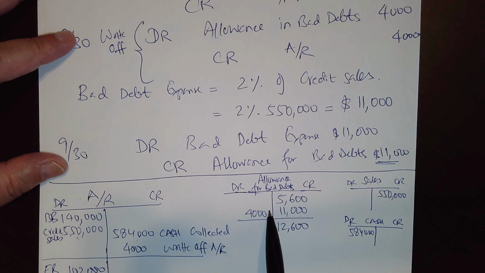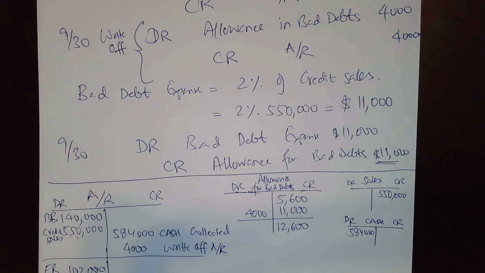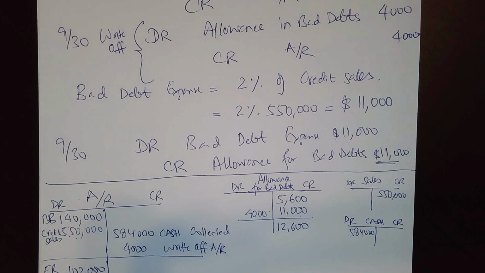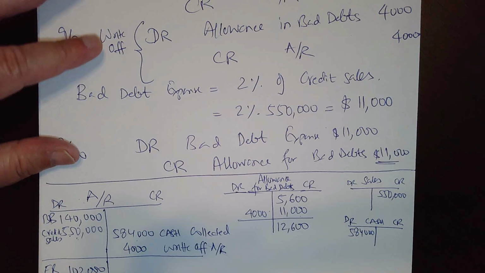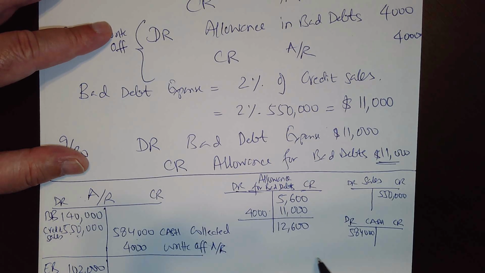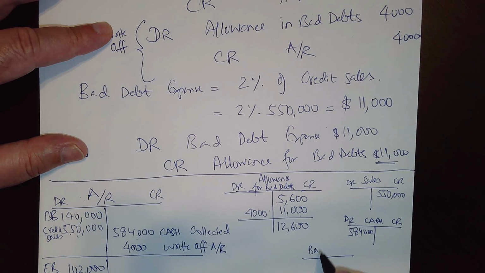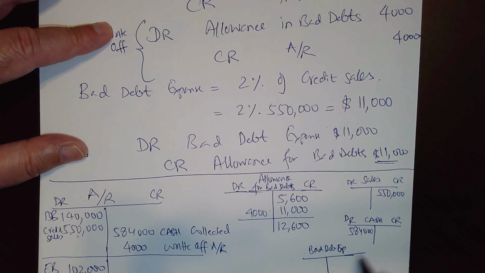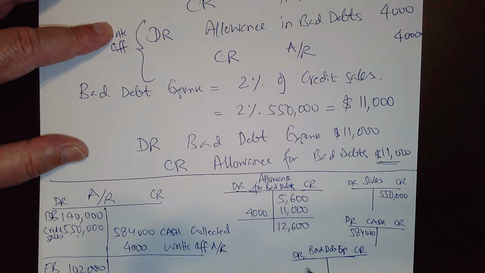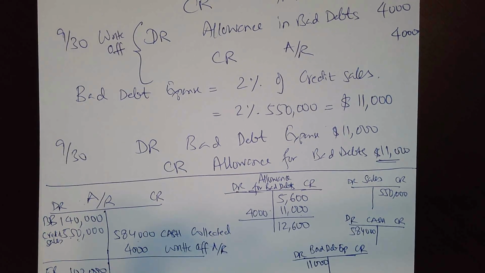So this allowance account is a contra account to accounts receivable, and I'm going to share more information in a bit. I forgot to record the bad debt expense, so I will make a bad debt expense of $11,000.